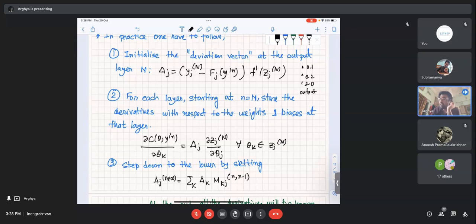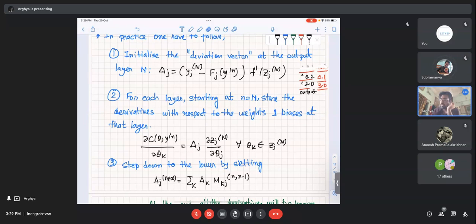But because it's a training phase, what you wanted was that this should have been 0.2, this should have been 0.1, and this should be 3. So these are my yjn's at the last layer, and these are my fj's at the last layer. I see. Got it? So the fj's are the given data, coming from the given data set. Is it fine now? Yeah.